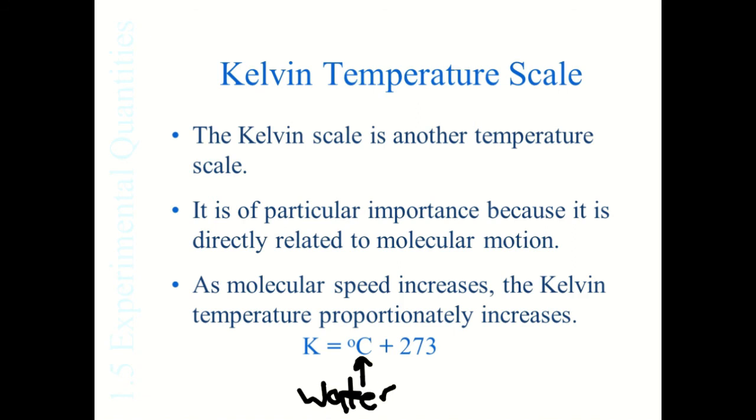At 100 degrees Celsius, water boils. Okay? The Kelvin temperature is developed for absolute 0. But they go up and down on the exact same increments. So it's only offset by this much. Okay?